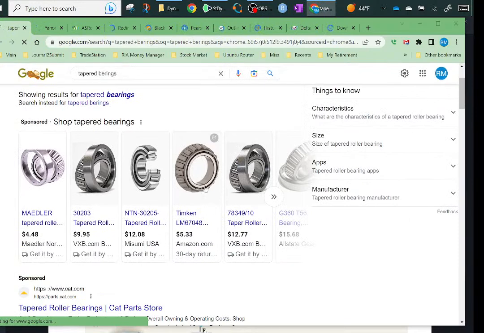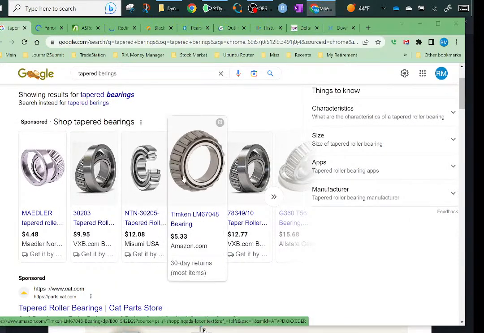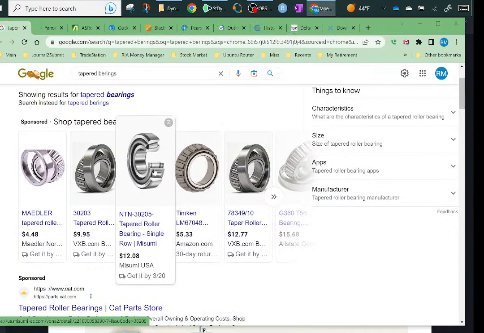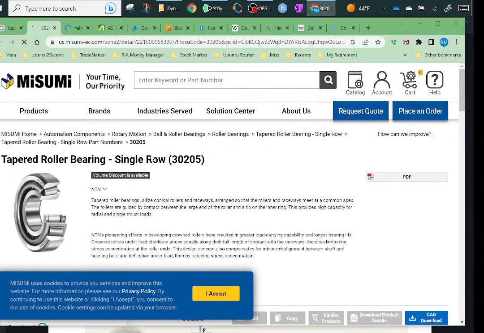This is a good one because it shows the internal seat right here and the external seat. So if you put this bearing and put a shaft on it and you shove from the left or shove this way, here, let me see if I can get a better view.